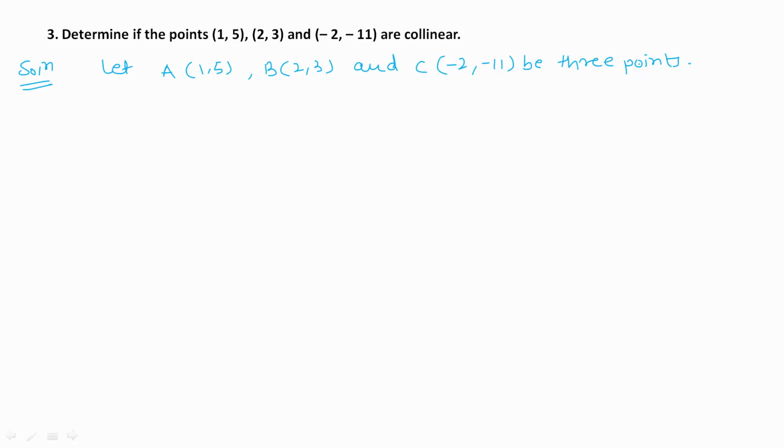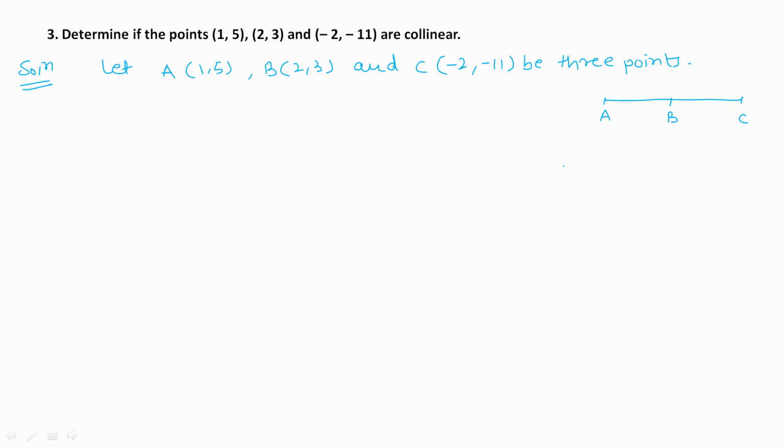Suppose this is your line. So plot these 3 points on this line. This is your point A, this is your point B, and this is your point C. If all given points lie on the same line, we can say that all points are collinear.